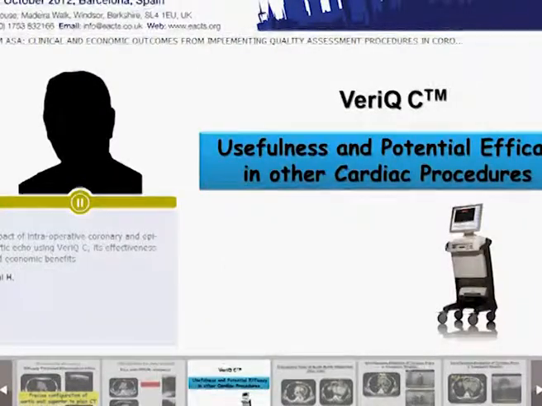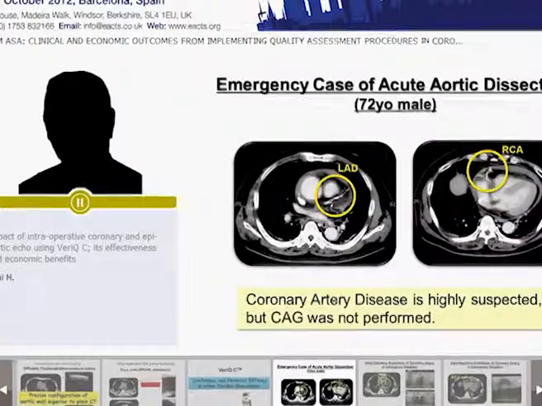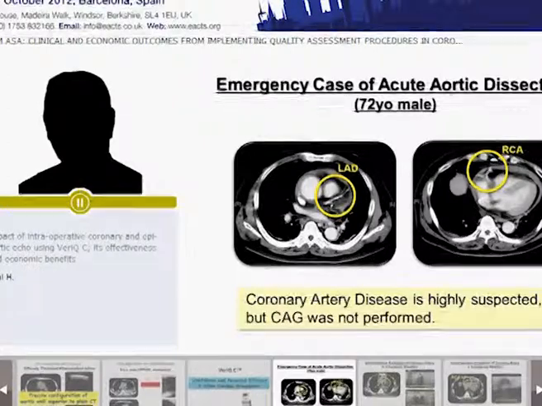So I introduced VeriQ C for other cardiac procedures, and I found different potential of VeriQ C. See, this is a case of acute aortic dissection. The CT shows it looks like there is coronary artery disease in the LAD and right coronary artery.